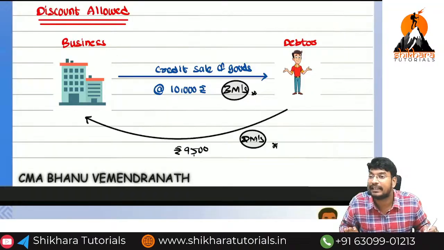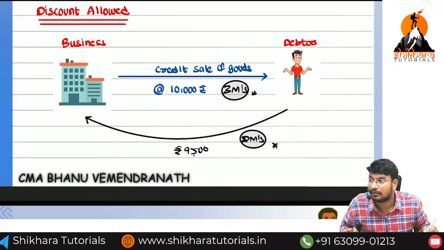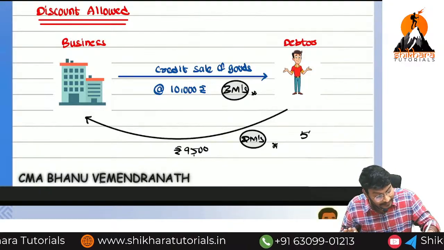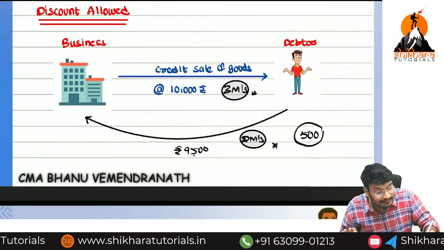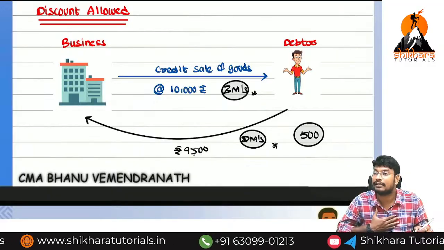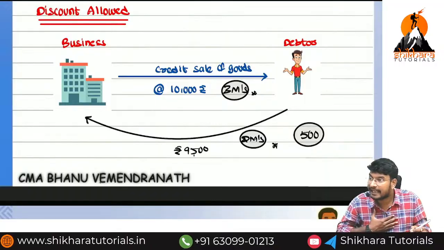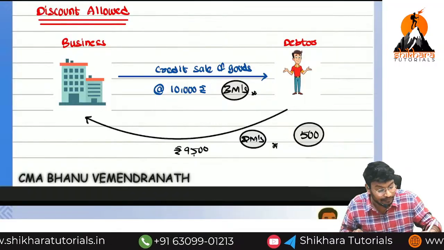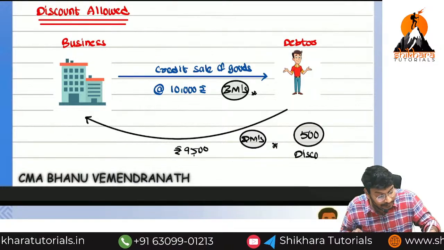That means we are getting a loss of 500 rupees. This 500 rupees is called discount. We have given it to the debtor, that means allowed. This is called discount allowed.